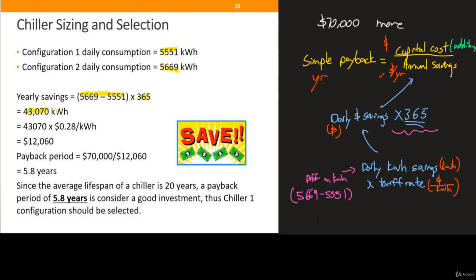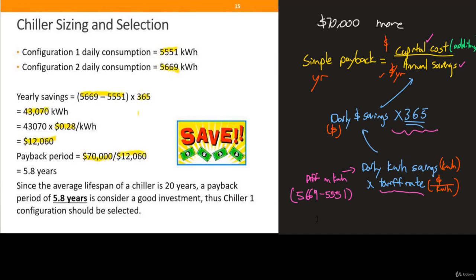You multiply by the tariff rate and you will get your annual monetary savings. So you can see the step by step going up. Annual saving is 12060. The capital cost is 70,000 more. So you take 70,000 divided by your annual savings.